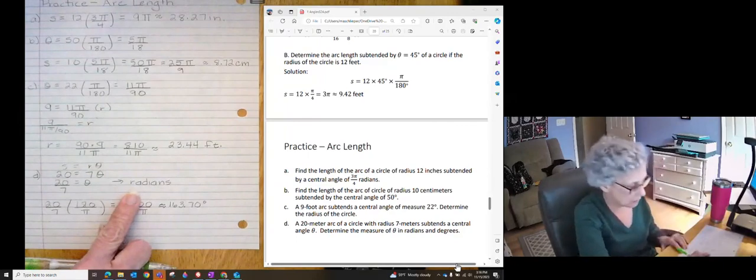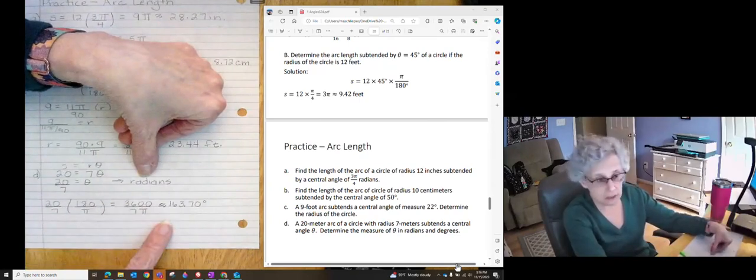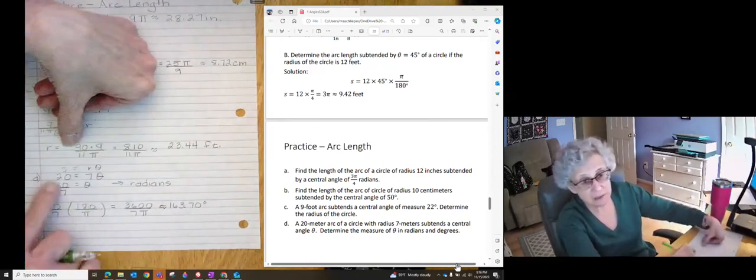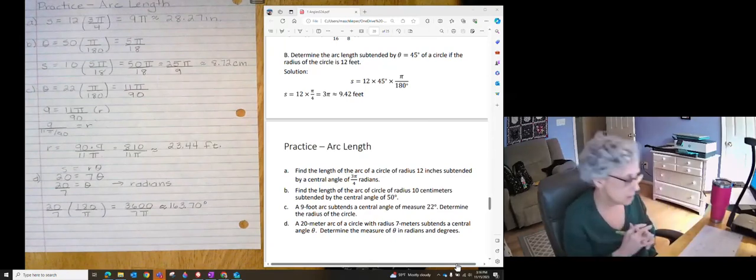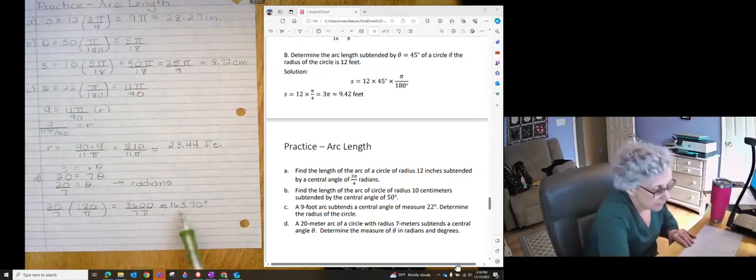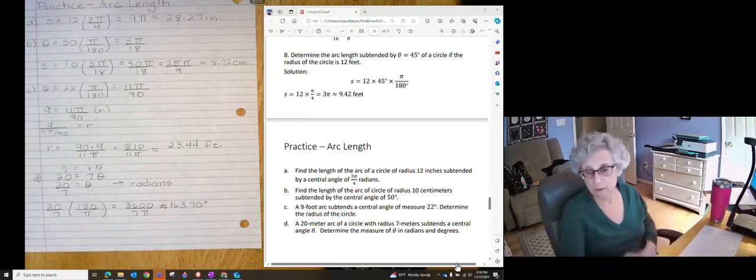Don't need to do anything to it. But then you have to take it from radians to degrees. Usually that pi would cancel, but this radian measure doesn't have a pi in it, like radian measures often do. So you end up with a pi in the denominator here. And then we get 163.7 degrees.